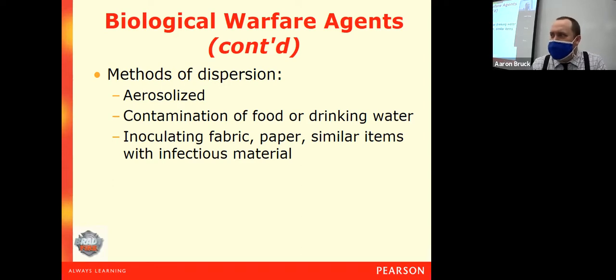So Josh is thinking of anthrax. Probably the most famous anthrax scare here in the United States occurred in 2001, 2002, where anthrax-laden envelopes were sent to a number of members of our government and our news media.